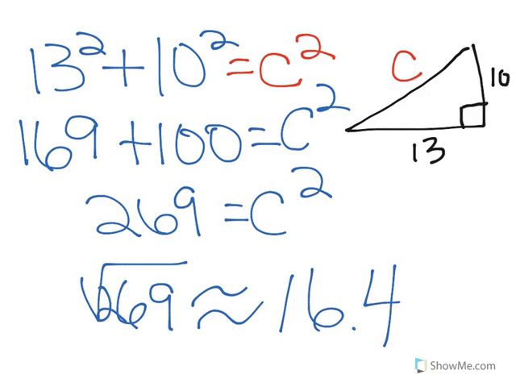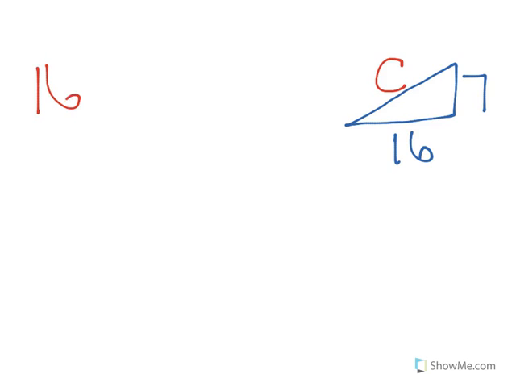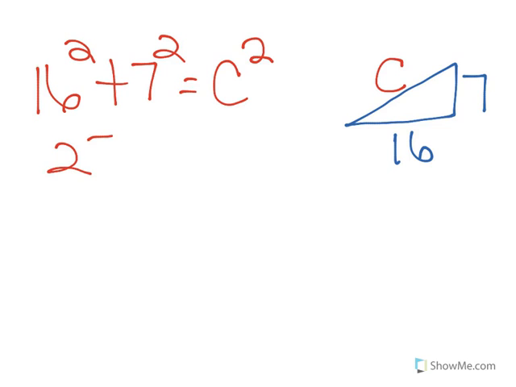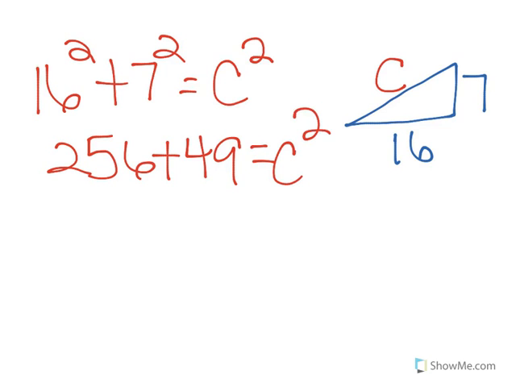I'm going to do one more example. The third problem on this worksheet is this triangle that has the sides of 16 and 7. And we have the missing hypotenuse again. So we're going to take 16 squared plus 7 squared, and that's going to equal the hypotenuse squared. So 16 squared is 256 plus 49 gives us c squared.